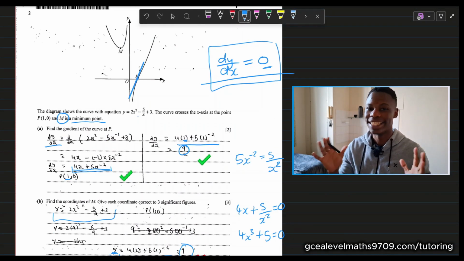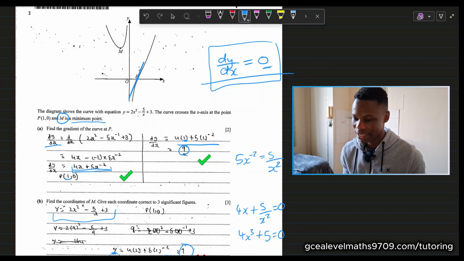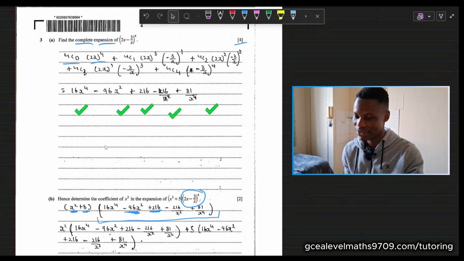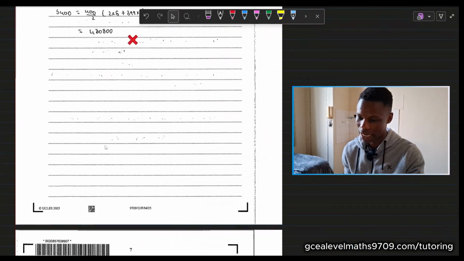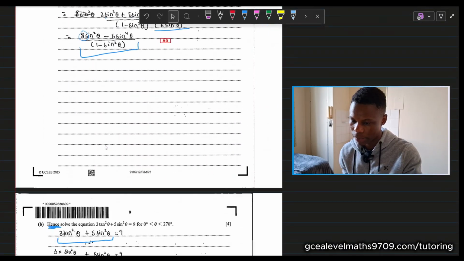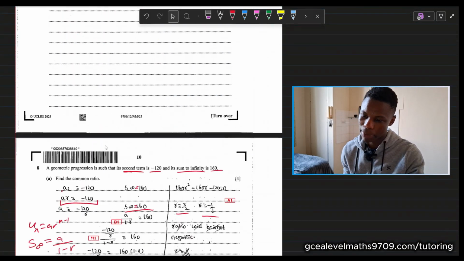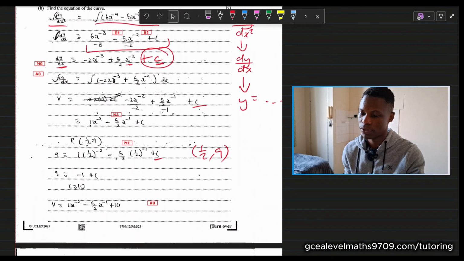That's the main essence of differentiation at this level. Dy dx is 0 at a stationary point. So that was a bit suspect. Integration, very, very questionable. Because the area of the shaded region question, that completely knocked you out. Completely. But overall, it seems like there's some basic or surface level understanding for most of these topics.